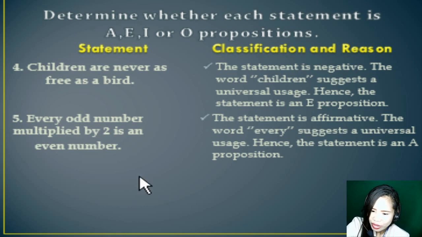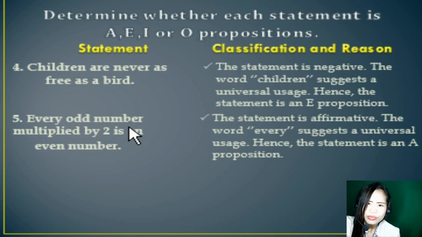Last statement. Every odd number multiplied by 2 is an even number. Since we're considering every odd number, it means that we are considering the universal.